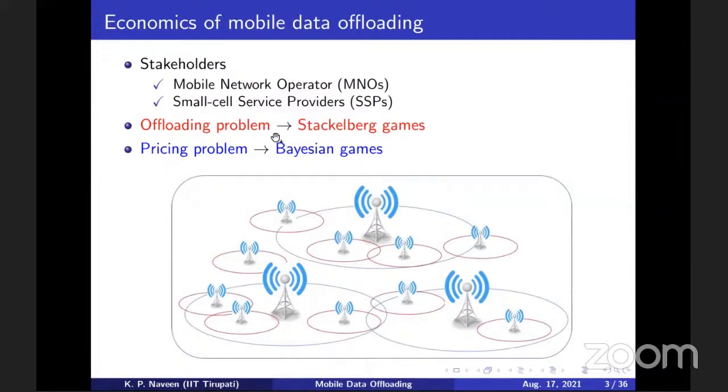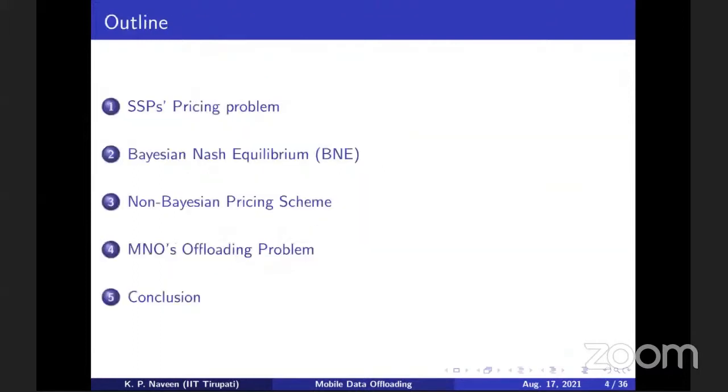In the context of the offloading problem, I will very briefly, depending on the availability of time, mention this ongoing work as well. Here we formulate using a Stackelberg game. With this introduction and motivation in place, I will proceed now. This is going to be the outline.